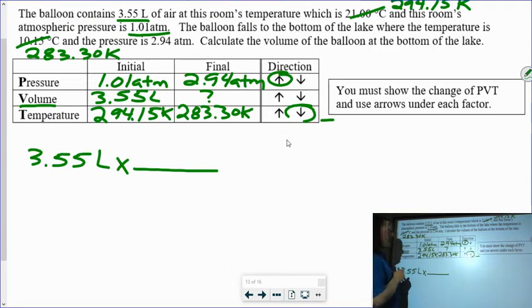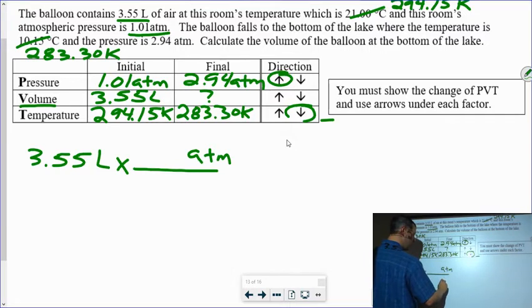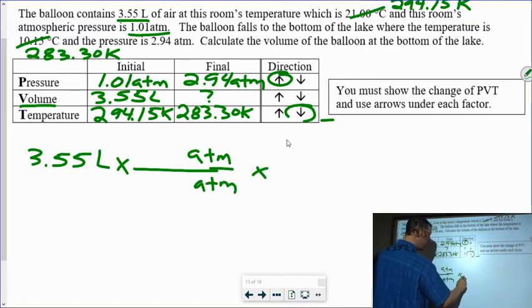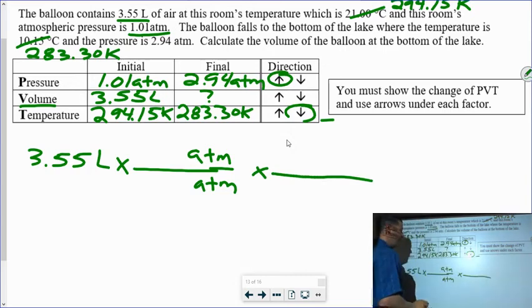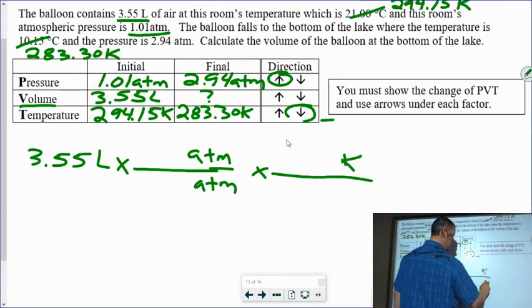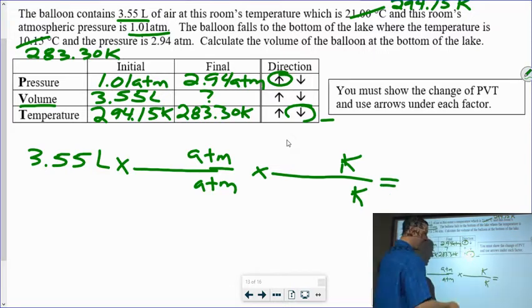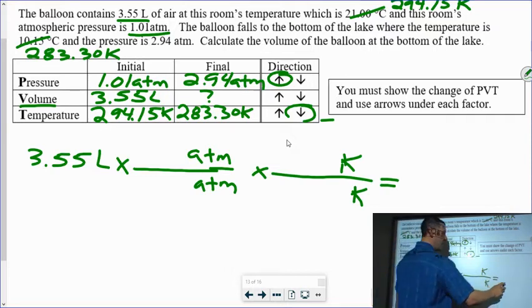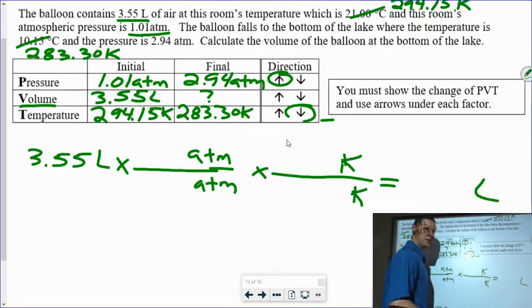It really does not make any difference whatsoever. So atmospheres, multiplication sign, division bar. And now I'll go Kelvin, and equals, and these two K's will cancel out, these two atmospheres will cancel out, and I'll be left with my answer in liters at the very end.